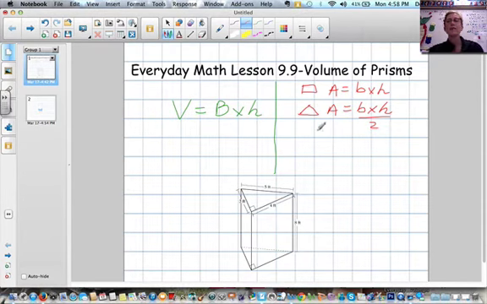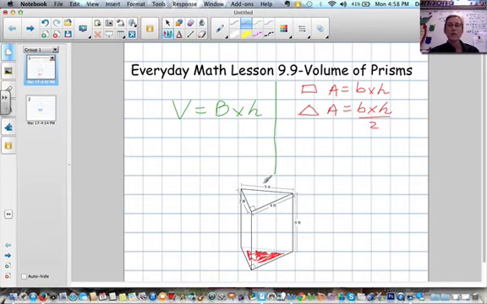All right. So we have to keep these things in mind when we're looking at the base. And in this particular prism, we can see that the shape that it's sitting on is a triangle. And on the top, you can see that this triangle and this triangle are the exact same dimensions.